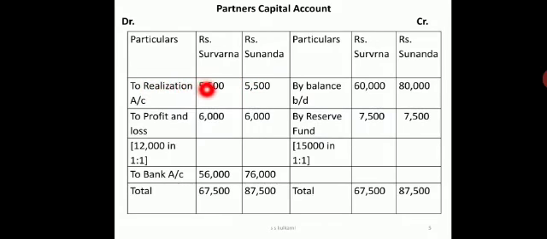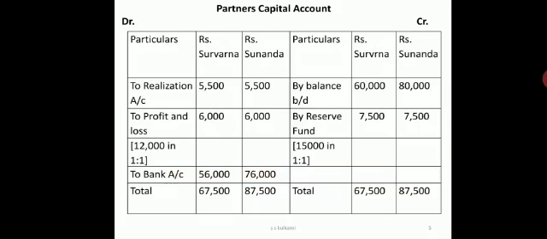So distribute that 11,000 equally, amounts to 5,500 each. Now take the total of the debit side and the credit side. The difference will be the cash balance that has to be paid to the partners. So you will get Suvarna 56,000 and Sunanda 76,000.